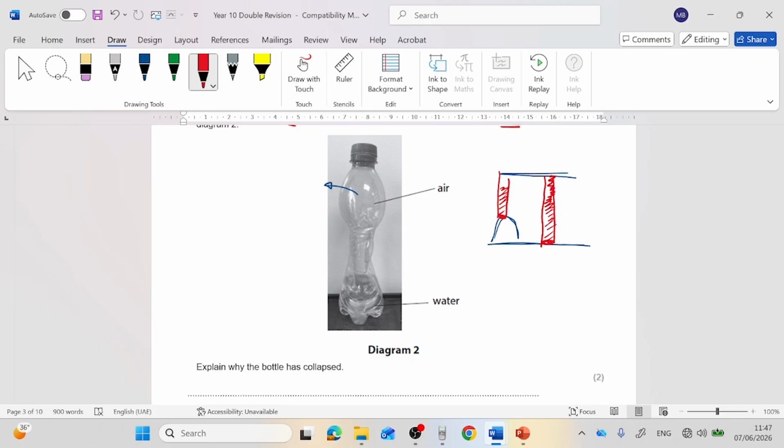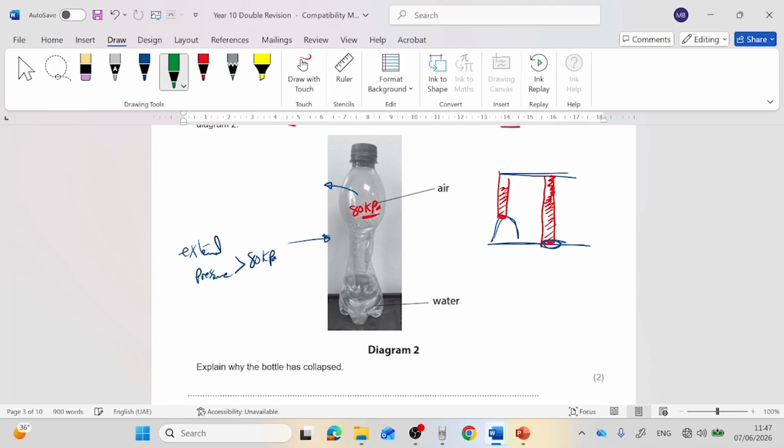So this means that the pressure when the aeroplane was flying was equal to 80 kilopascal, right? So the pressure inside the bottle is kept at 80 kilopascal. But when the aeroplane just landed, the external pressure, now we are at sea level, right? The external pressure now is more than 80 kilopascal.